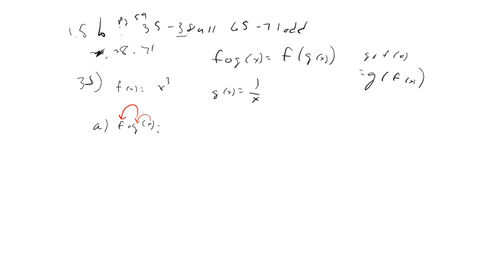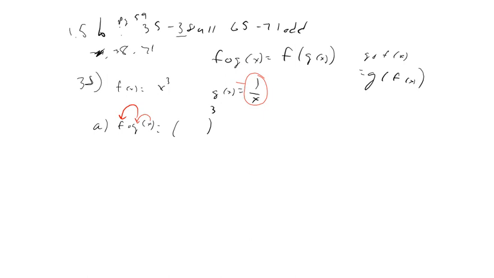Jumping back, right? So I'm going to take the outside function as f. My outside function is the something cubed. Inside function is g, so I'm going to take this 1 over x. Here's my g, 1 over x. I'm going to put it inside the x part.